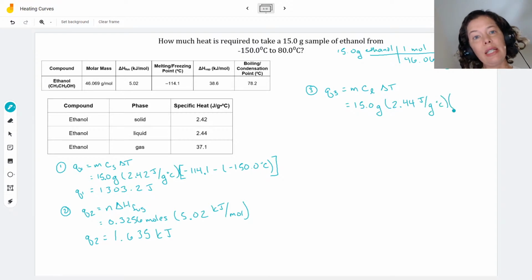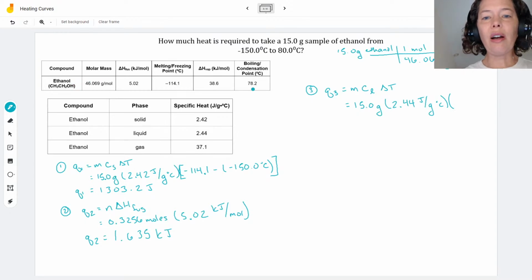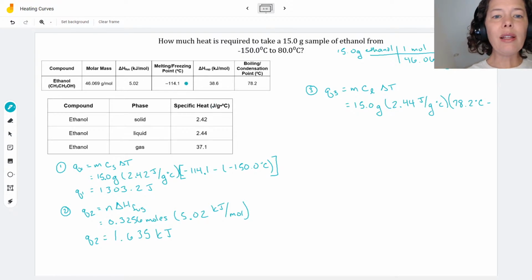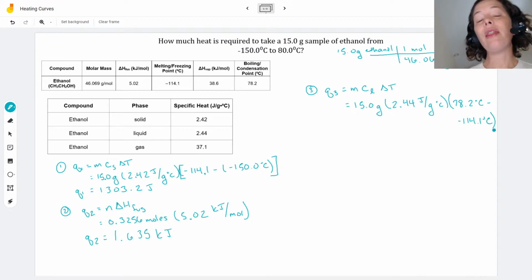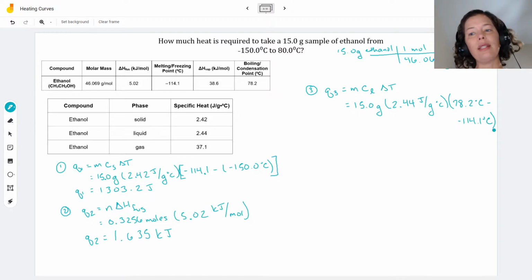Now for my delta T, again, if you think to your heating curve, we're going from the melting point up to the boiling point, so that is our delta T. So we are ending at the boiling point for ethanol, which we check in our top table, you can see is 78.2 degrees Celsius. I'm going to have to squeeze this underneath. Minus, again, we started at the melting point, that is negative 114. And that is my delta T for this section.